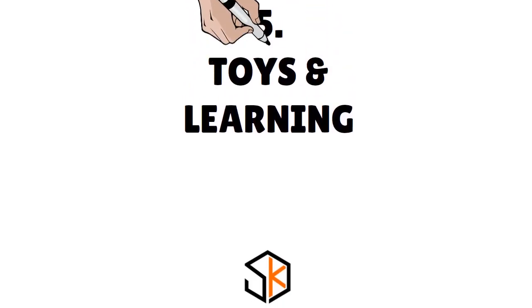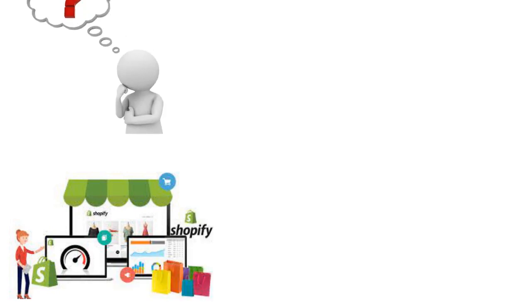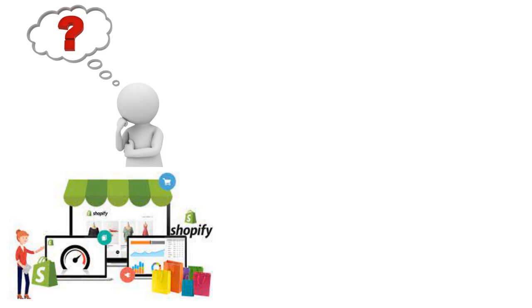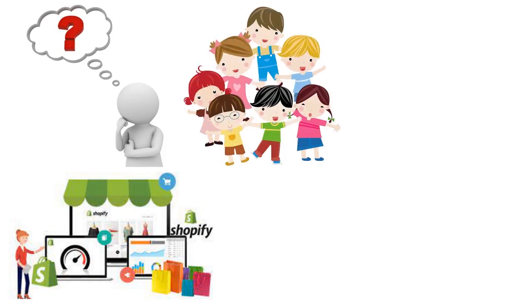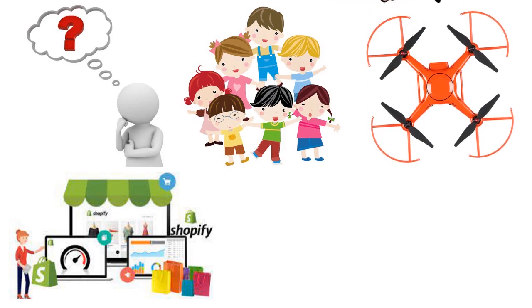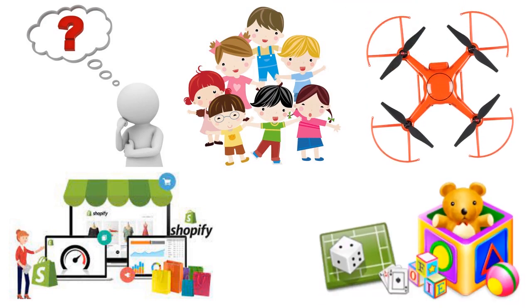Next, you have toys and learning. Toys and learning is another great opportunity if you are looking to boost your Shopify conversion rate. When you think about toys and learning, you are looking at anything for kids, but also for adults, like drones, for instance. Okay, and as for learning, these are toys for kids.